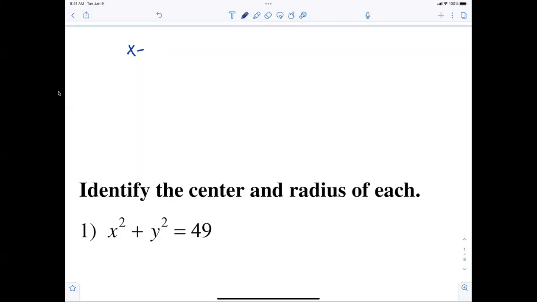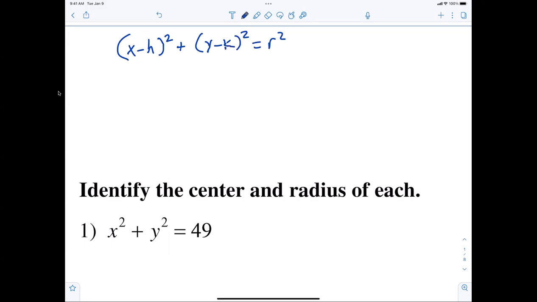So for the equation of the circle, here's what they say: the equation of the circle written in center-radius form. So we say this is (x − h)² + (y − k)² = r².